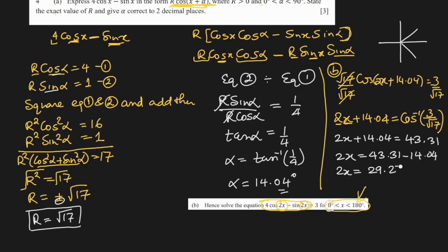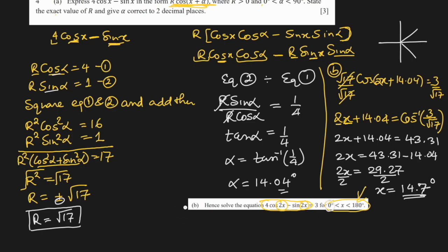And divide both sides by 2. So we get x equal to 14.685. Have they given how many decimal places? No. So we'll put it into one decimal place. So let's say 14.7 degrees is the first answer.